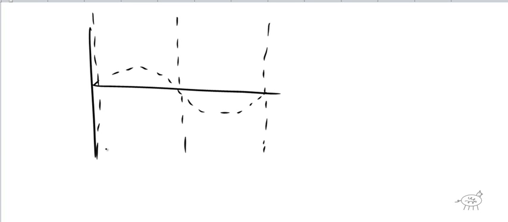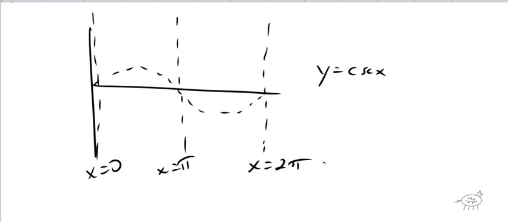So for this regular graph, this would be y equals cosecant of x. So you draw a sine graph. I would have an asymptote at x equals 0, and at pi, and at 2 pi. So I could ask you to graph it, and you'd make a quick graph, and you could tell me the equations. So that's how you would find a secant or cosecant asymptote.